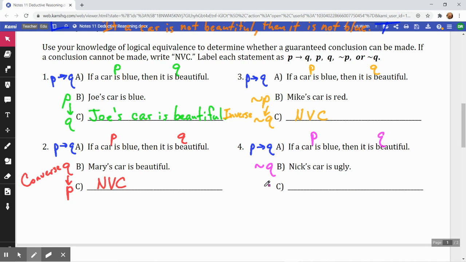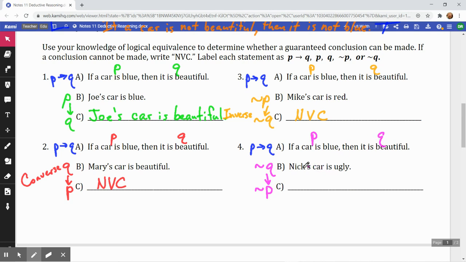And if we're going to make a claim, whatever that claim is, would have to be the opposite of P if we're allowed to do that, because that is how our logic is working. We'll start with a P, end with a Q. We'll start with the opposite of P, we'll end with the opposite of Q, or vice versa. So is this a case where it's okay to make a claim? So let's think this through. We know a blue car is beautiful.